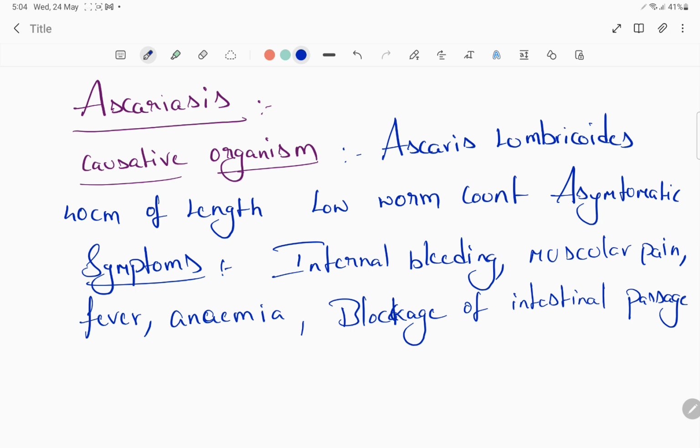So most of the complications are allergy, rashes, cough. Even they occur in extraintestinal migration of this larva also.